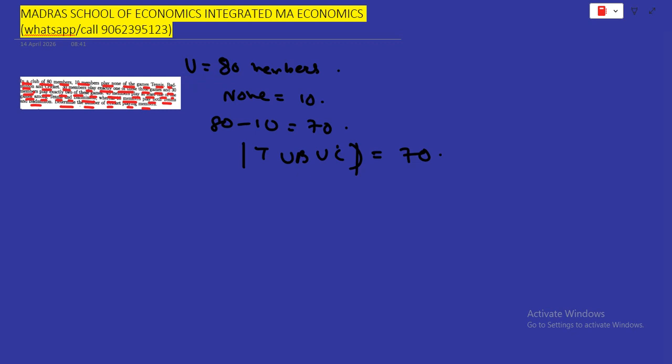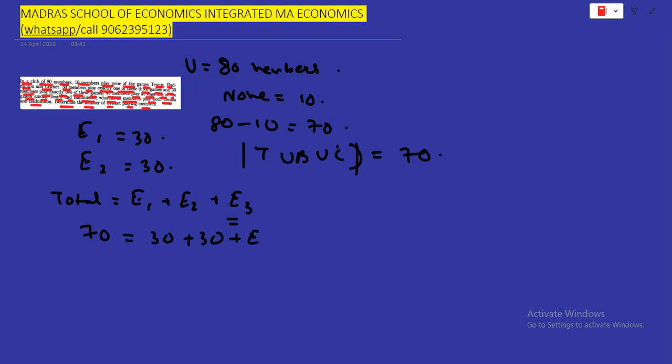Now the problem gives us exactly one game, E1, that is 30. Exactly two games, E2, 30. And we know that total is equal to E1 plus E2 plus E3, where E3 is exactly 3. So 70 is equal to 30 plus 30 plus E3. So E3 is 10. So 10 people are overachievers who play all the three games.